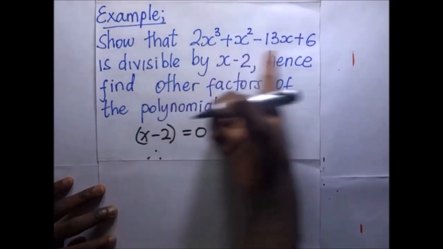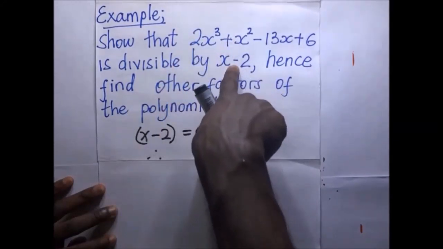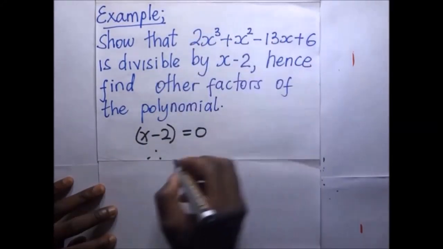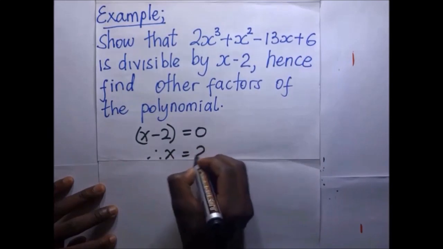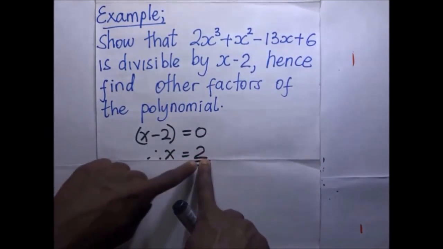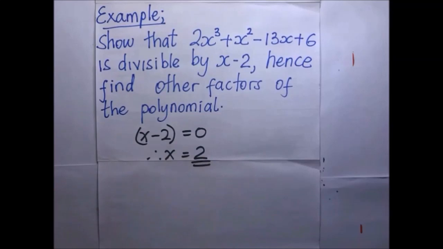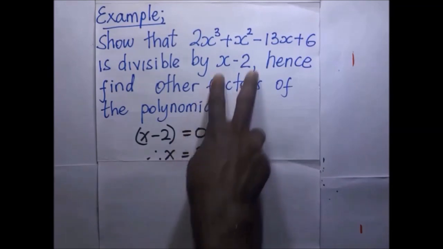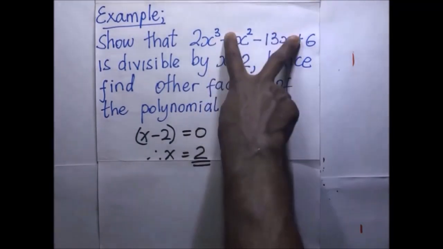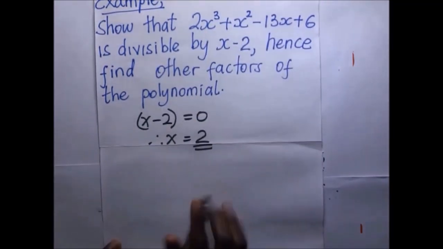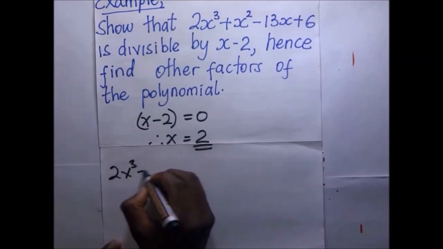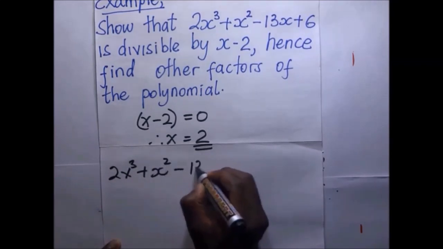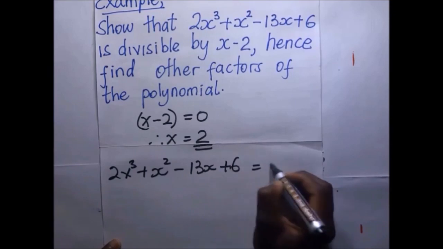Therefore, if we are to show that this factor can divide this completely, it means that our value of x should be equal to 2. If we put this value of x, which is 2, in this polynomial, and our answer is 0, then it means that there is no remainder, and this x minus 2 is a factor. So we begin. 2x cubed plus x squared minus 13x plus 6 is equal to 0.